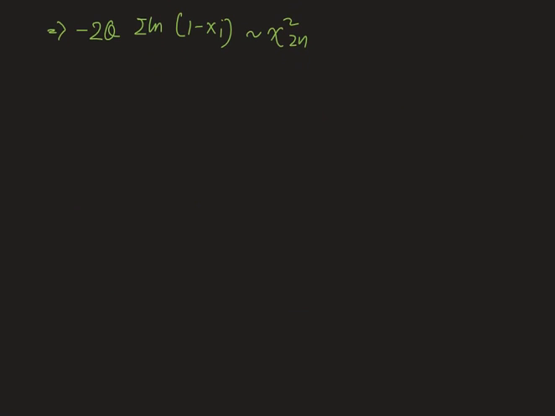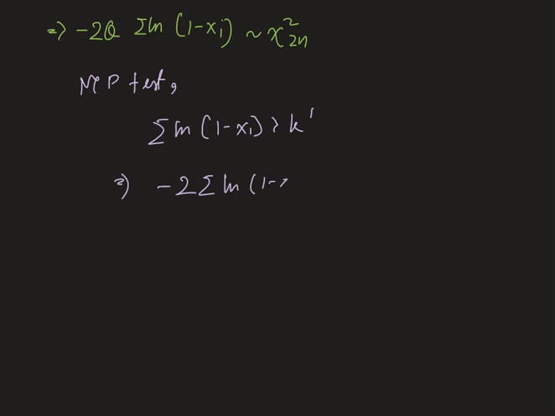Then the MP test can be rewritten as sum over ln (1 minus xi) greater than k prime. Hence it is rewritten as minus 2 times the sum over ln (1 minus xi) is less than k double prime.